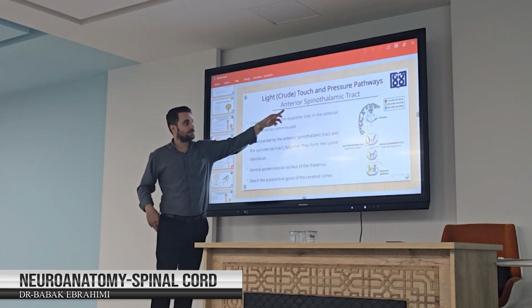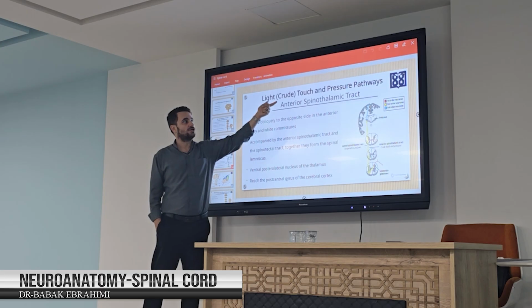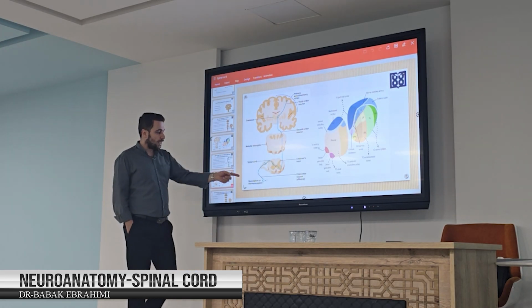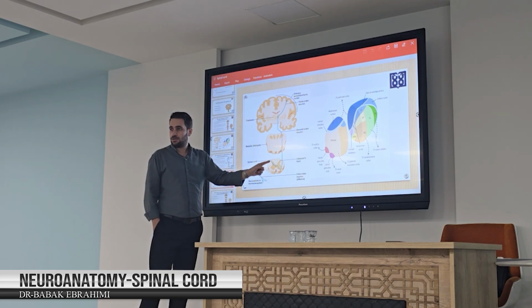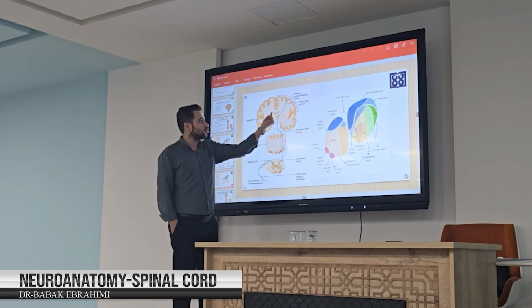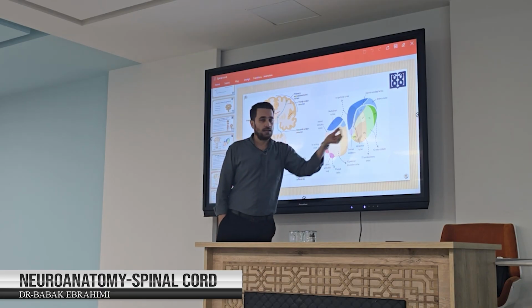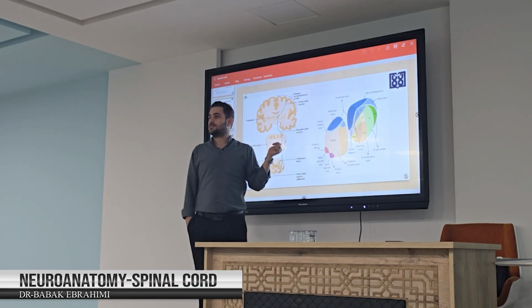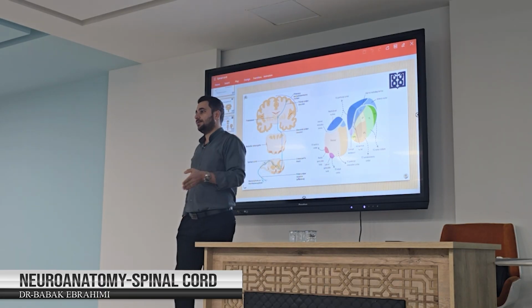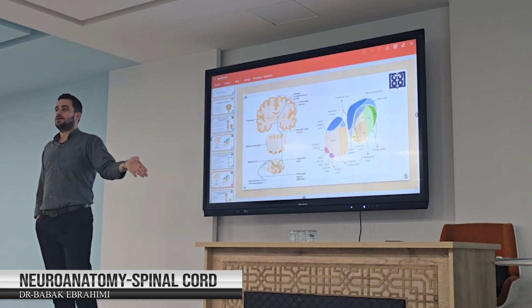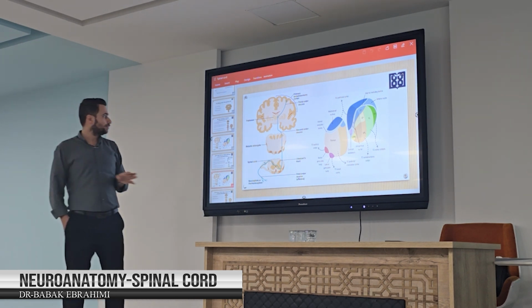So the anterior spinothalamic tract is related to light touch and pressure. And look here again, it's the same: it comes to the spinal cord, goes to the other side, goes to the thalamus, goes to the cerebral cortex, and again the VPL nucleus of the thalamus. So if you understand the lateral spinothalamic, you understand the anterior spinothalamic, just based on the location.